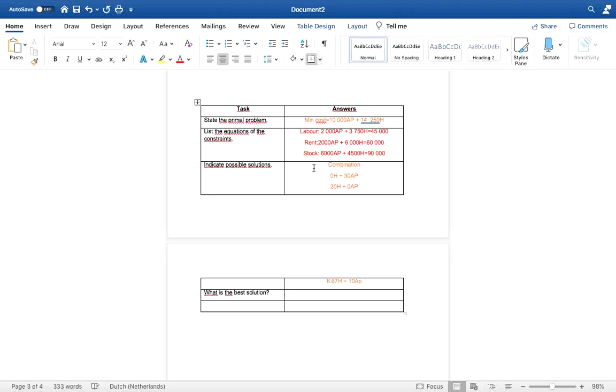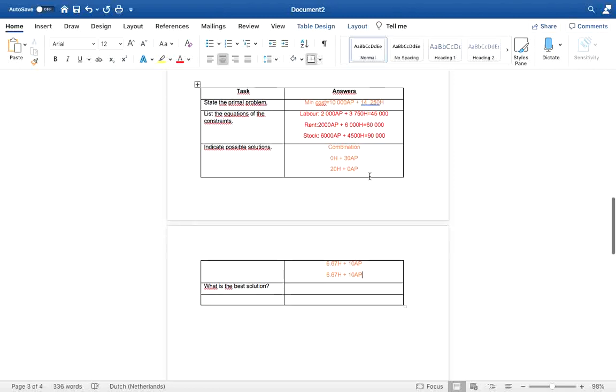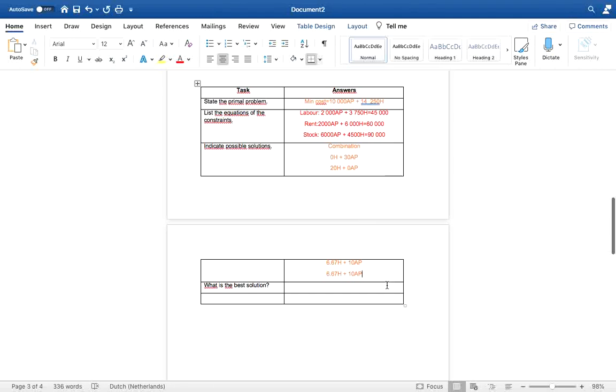And then the last one is 6.67 H plus 10 AP.